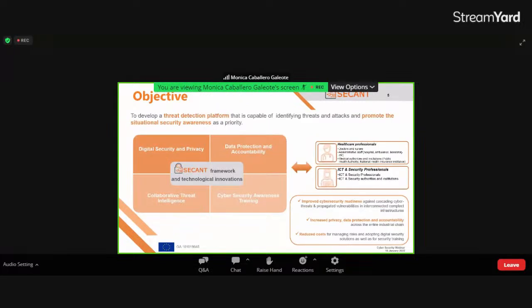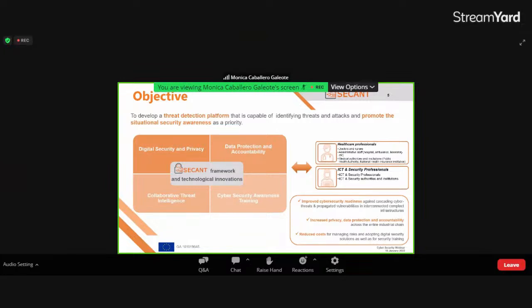Thus, our main goal is to develop an automatic threat detection platform capable of identifying threats and attacks, and at the same time to promote situational security awareness as a priority in the healthcare ecosystem. SECAN rests on 4 major pillars: digital security and privacy, data protection and accountability, collaborative threat intelligence, and cybersecurity awareness training.